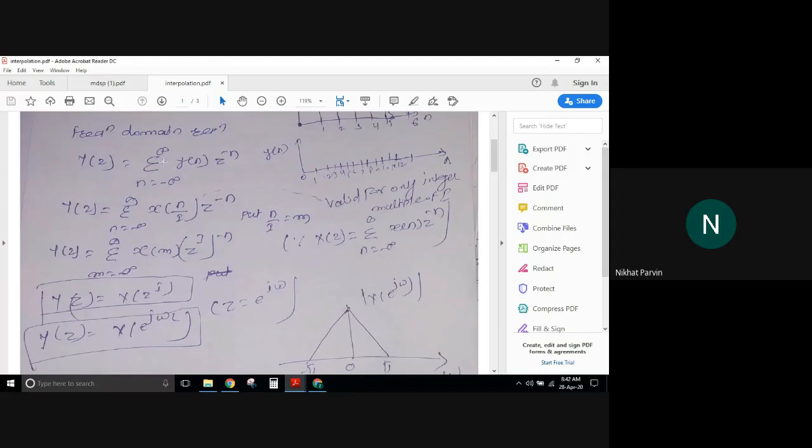Now you want the relationship between this output and your input when you are doing upsampling, right? So this is the standard one. Now you are substituting the value of y of n. Y of n, you are thinking that this is your x of n by I. Now you have kept this value as m, and then we have rearranged the equations. So what you can see here is something like this.